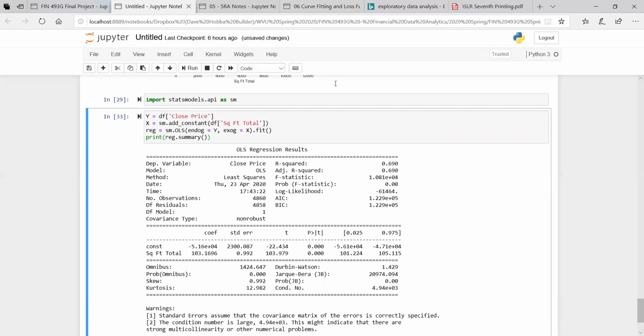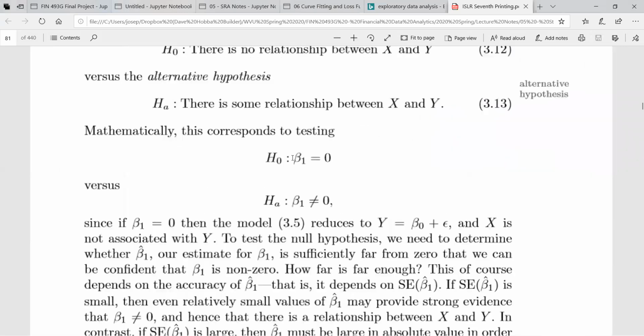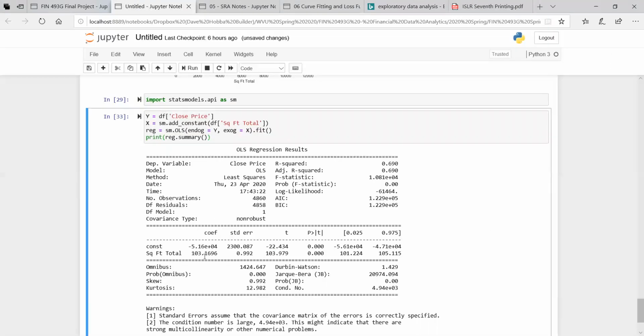So for this, I have it up here. We're saying that the null hypothesis is that the slope is 0. If the slope was 0, that would mean that the square feet of the home and the close price have no relationship. So you're assuming there is no relationship.